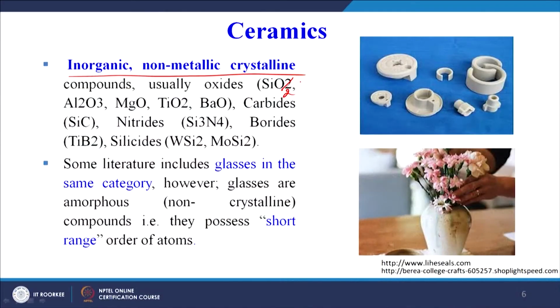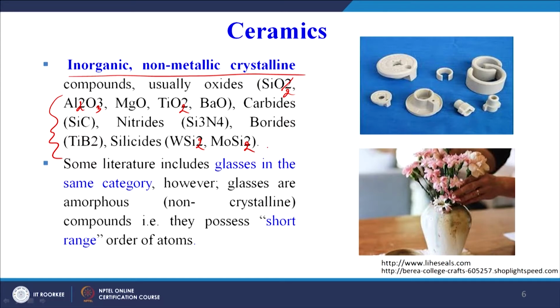Some examples are silicon dioxide, Al2O3, magnesium oxide, titanium dioxide, then barium oxide. A number of examples are there. All these examples fall under the category of ceramics.